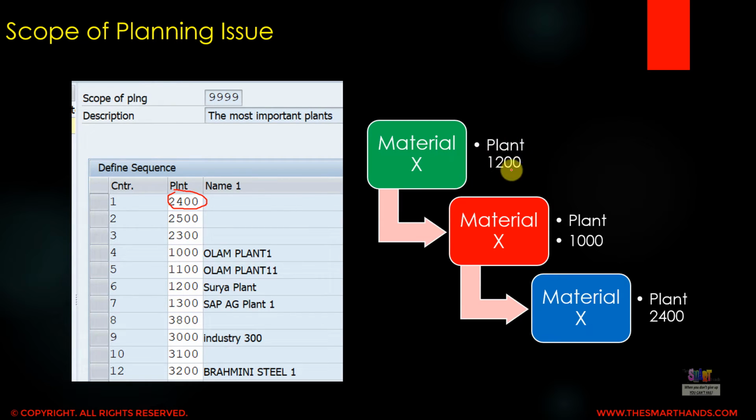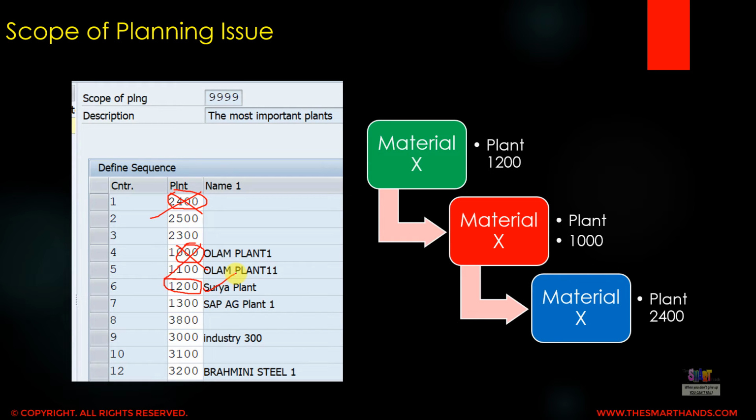But when the system reaches plant 1200, say this one at number 6, and runs MRP at this plant, because it is procuring from plant 1000, which is already planned, the system will not do the planning again in plant 1000. And further, plant 1000 is buying this from plant 2400, which the system has already run, so it will not do the planning again once it reaches plant 1200.